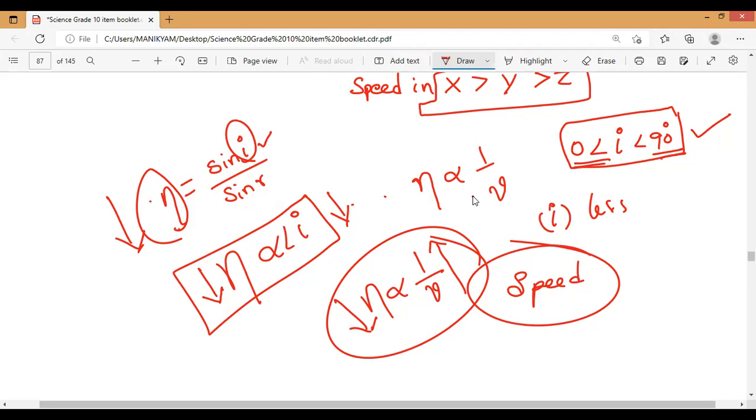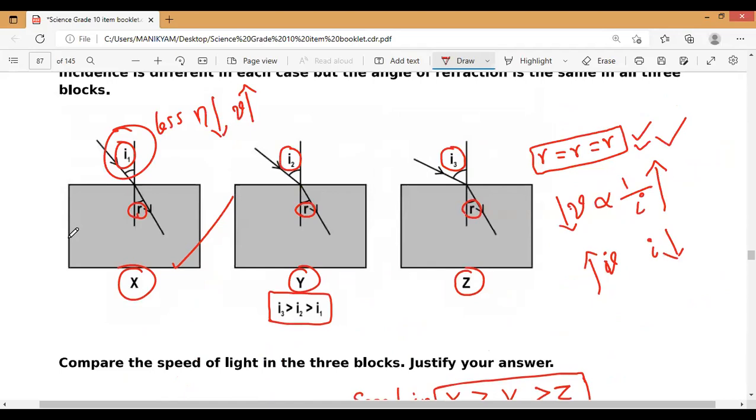Since the angle of incidence is minimum in block X, the speed of light is maximum in block X. Clear, everybody? All of you? Please respond.